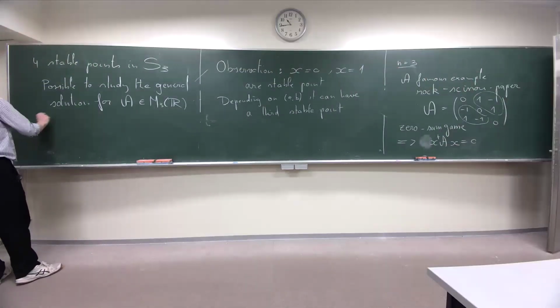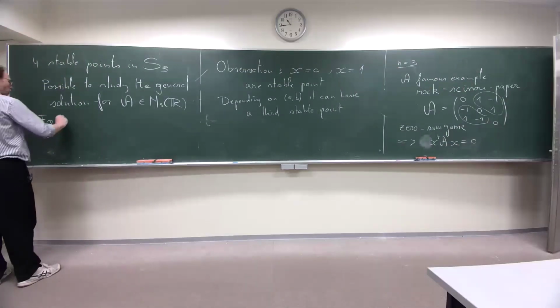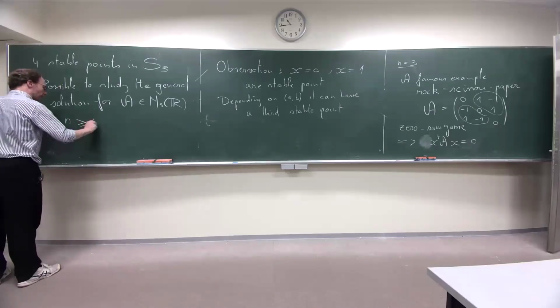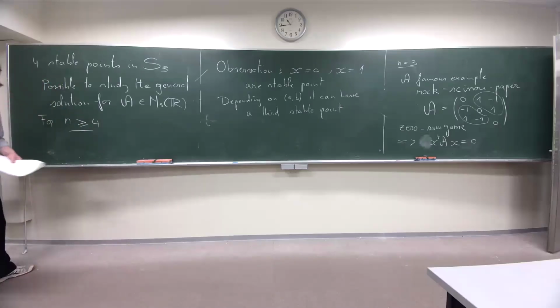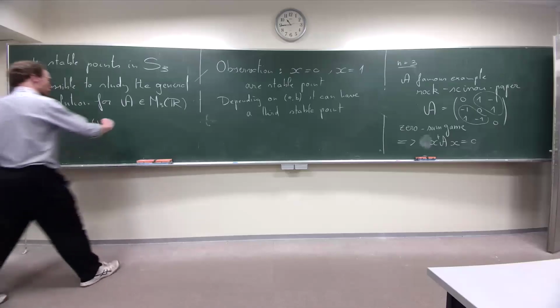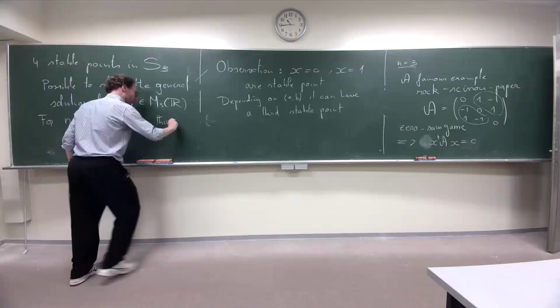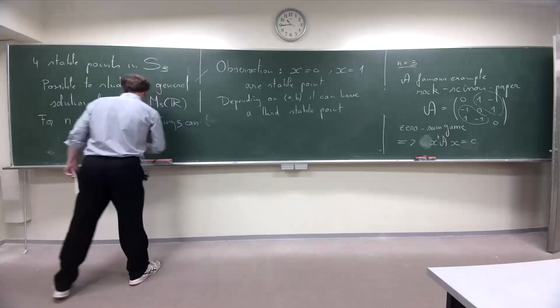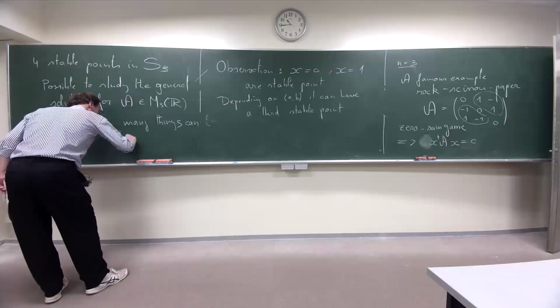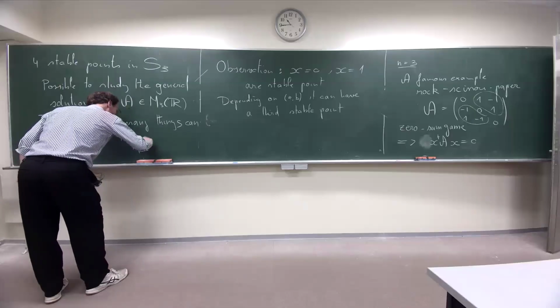And for n is equal to 4, I've seen that there is no systematic solution. So already for n is equal to 4, many things can happen. And in particular, you can have some cycle.